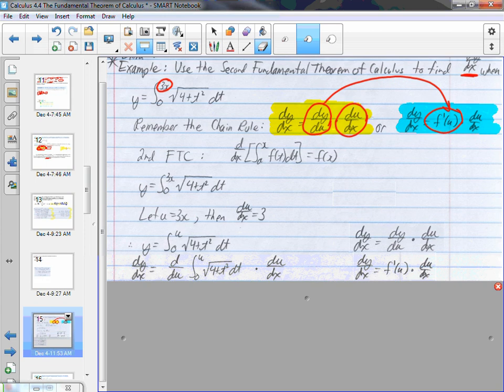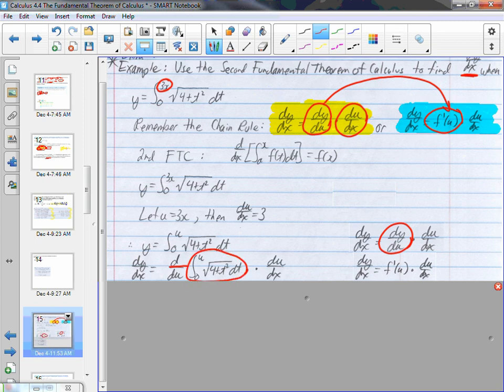Then on the right side, look what this turns into. dy du means d du of that function. All right? That is the second fundamental theorem of calculus, just with a u instead of an x. Okay? You follow me? See how that is the same thing as that, just with a u instead of an x? Okay? And then chain rule times the derivative of u.